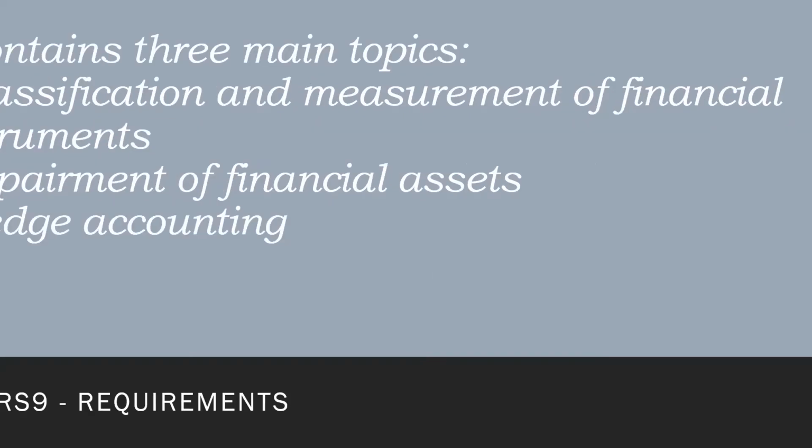And IFRS 9 surrounds three main topics. One, the classification and measurement of financial instruments. There's also what is referred to as the impairment of financial assets. And there's a third, yet just as critical, hedge accounting.